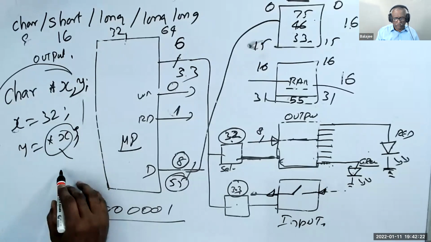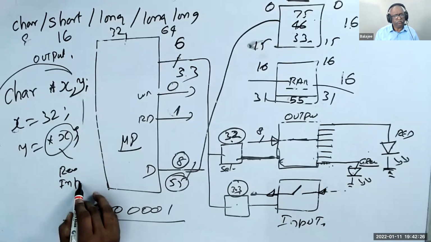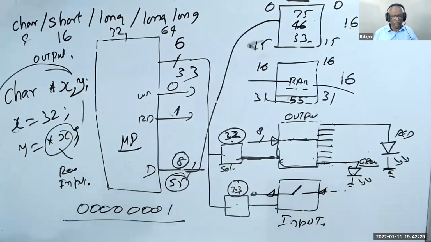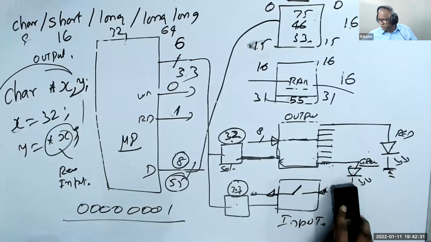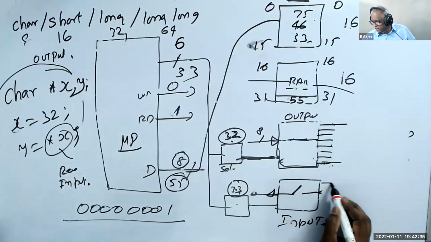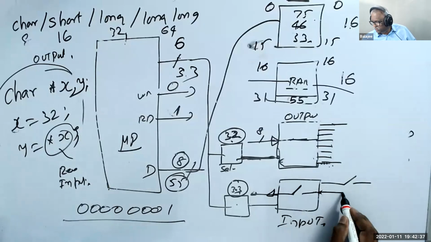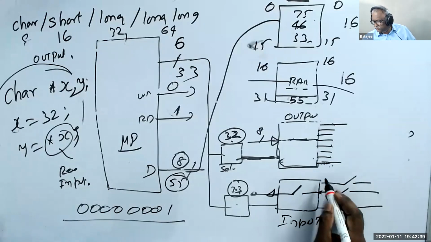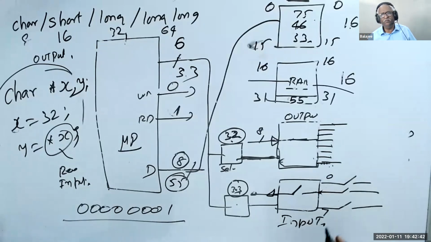This is called read or input. You are getting, for example, here, forget about this. Here, I connect a switch. 8 switches, 0 to 7. 8 switches.